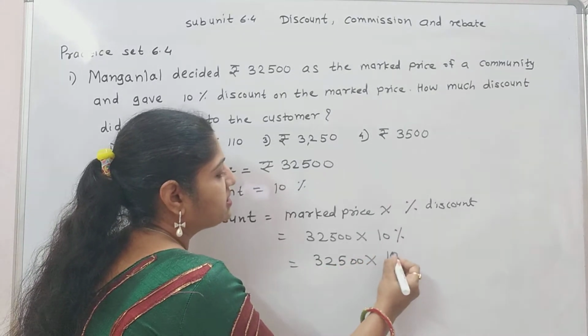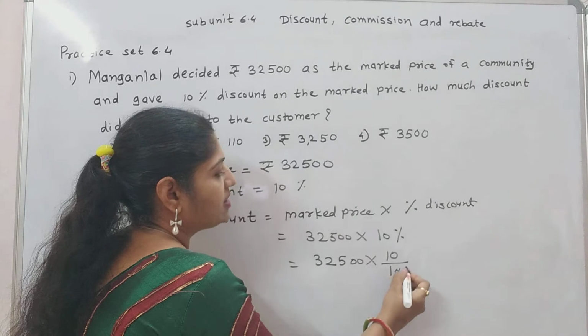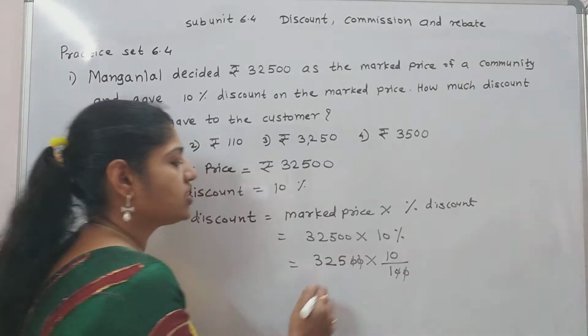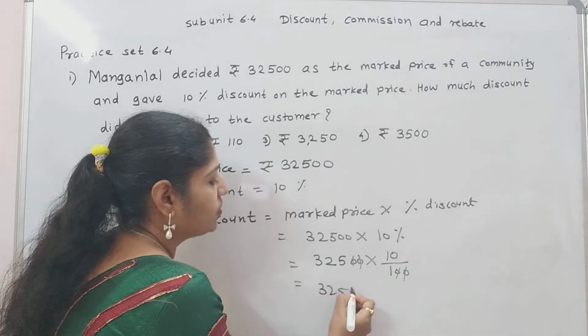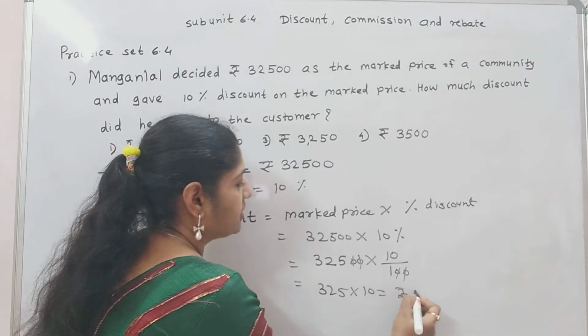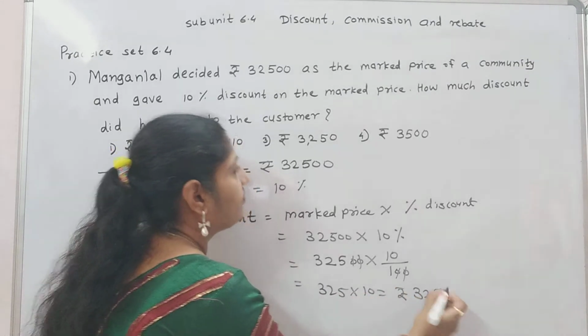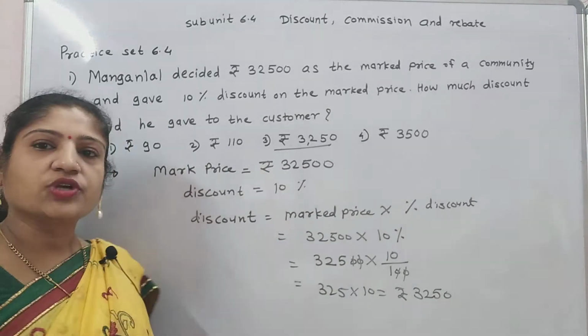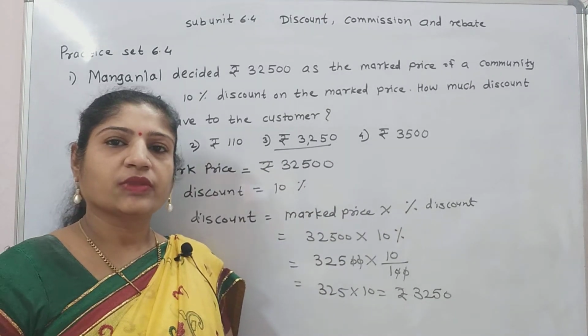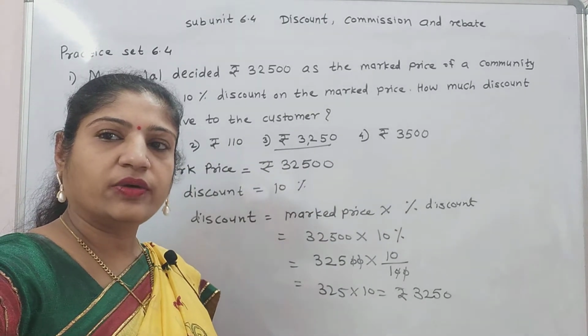This sign is divided by 100. Double zero in numerator and denominator are cut. 325 into 10 rupees, 3,250. So our answer is option number 2. Only calculate the discount here.